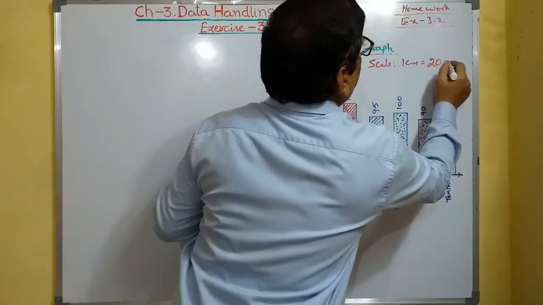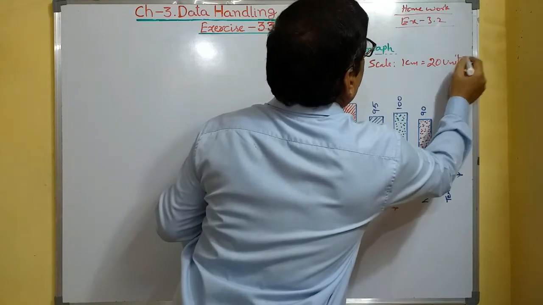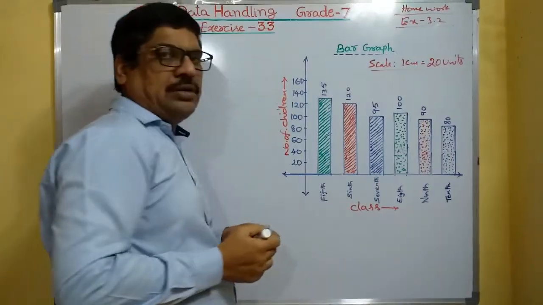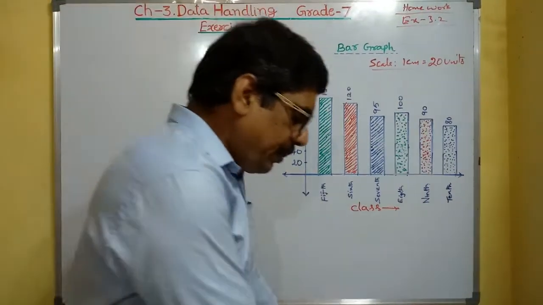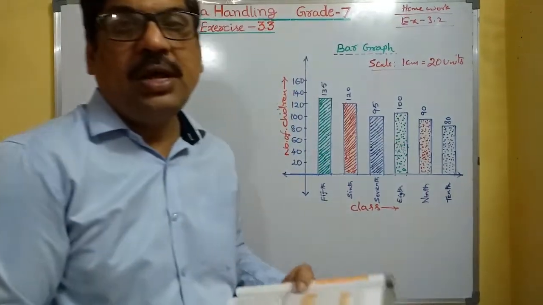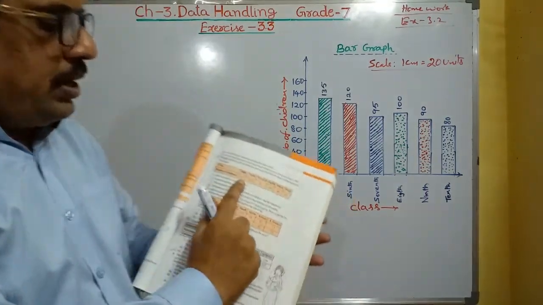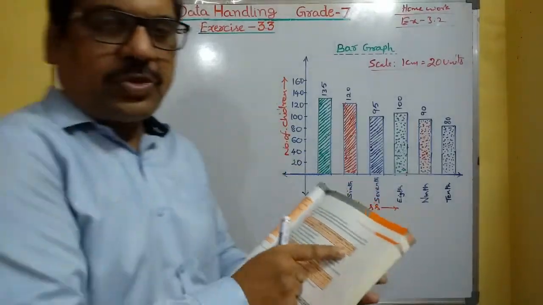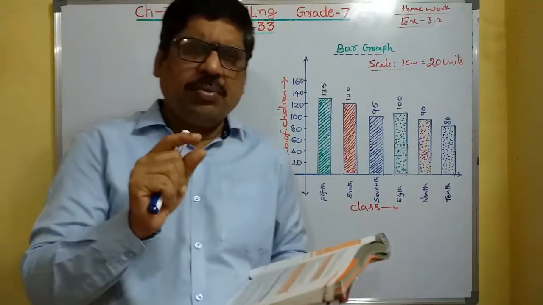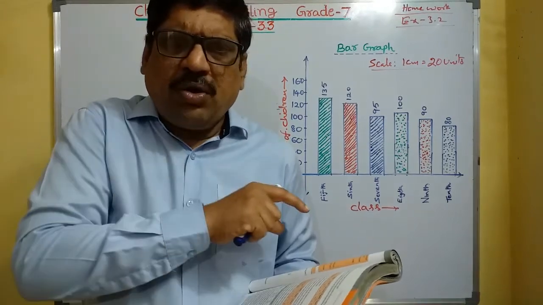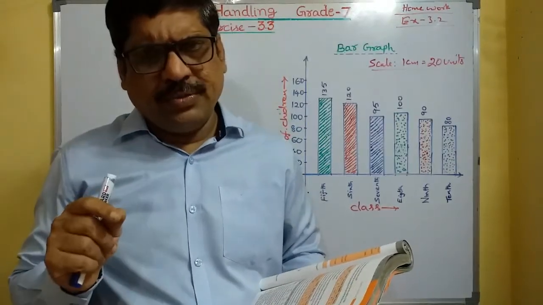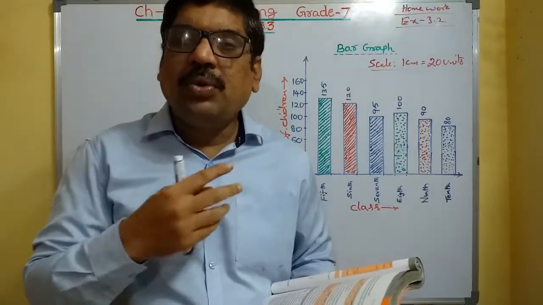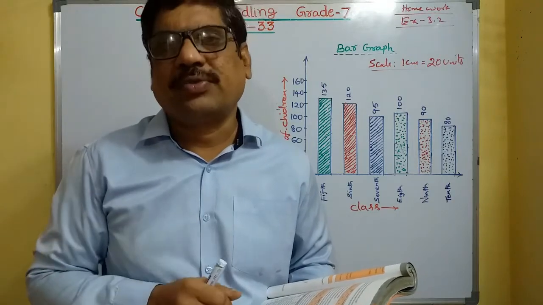Can you tell me why I took 20 units? How do we set the scale? It depends upon the numbers given in the data: 135, 120, 95, 100, 90, 80. We have to observe the numerical values spread over the given data. By observing that, we will come to know what number to take as the scale.